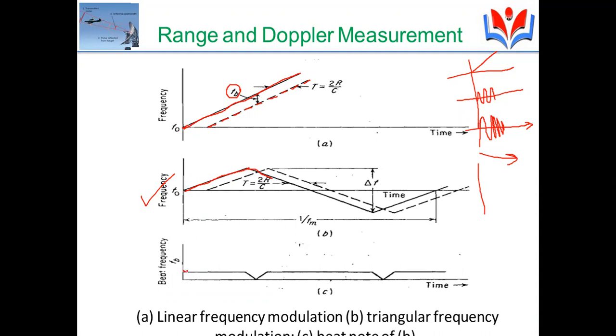That is, the frequencies of the transmitted signal minus the frequencies of the received signal with respect to time. So this is constant over here. At this point, you see it is decreased compared to the dotted line, so we have to take the decrease. Again, it is increased. So this is nothing but the beat frequency. The beat frequency is represented as the difference between the solid line and the dotted line.